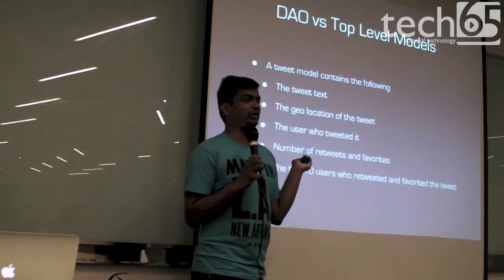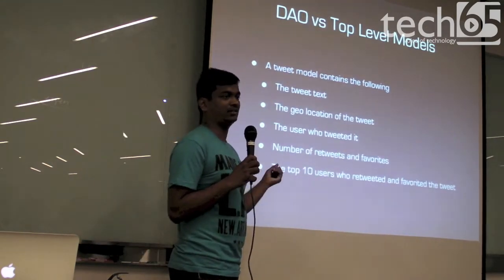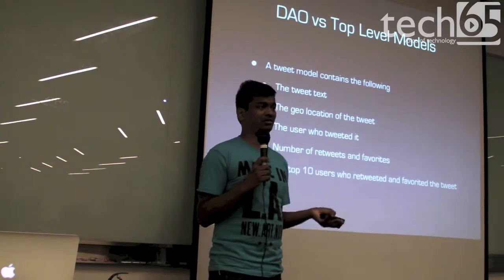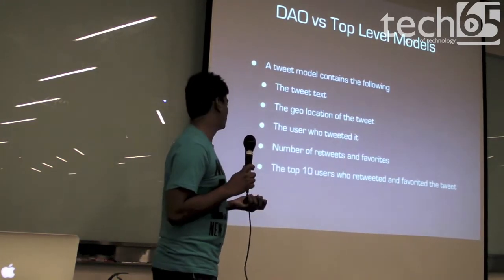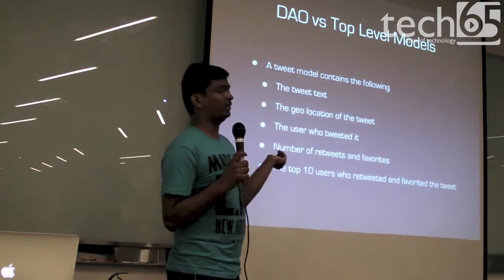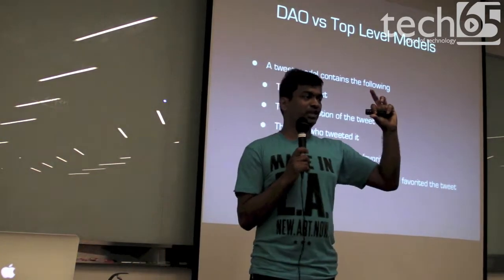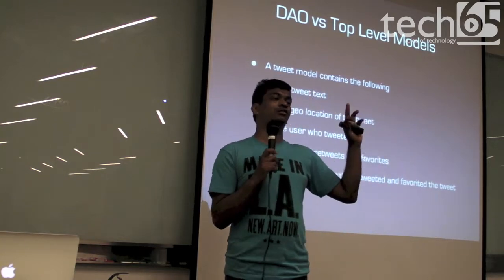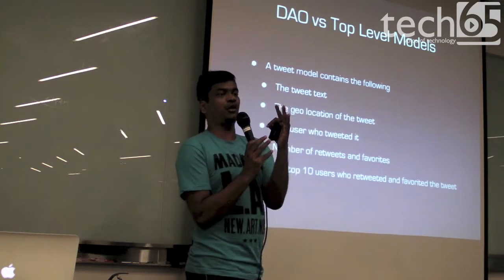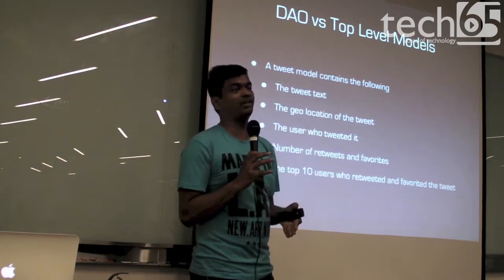The geolocation of the tweet would probably be stored in some other table, which is foreign key referenced back to the tweet table. The user who tweeted will be in another table called user, and again foreign key referenced back. The number of people who retweeted comes from another table. Top 10 users who tweeted again comes from another table. So for getting a tweet from Twitter, the API has to talk to 5 different tables, right? So to prepare this resource model from all these 5 tables is the responsibility of the API developer.